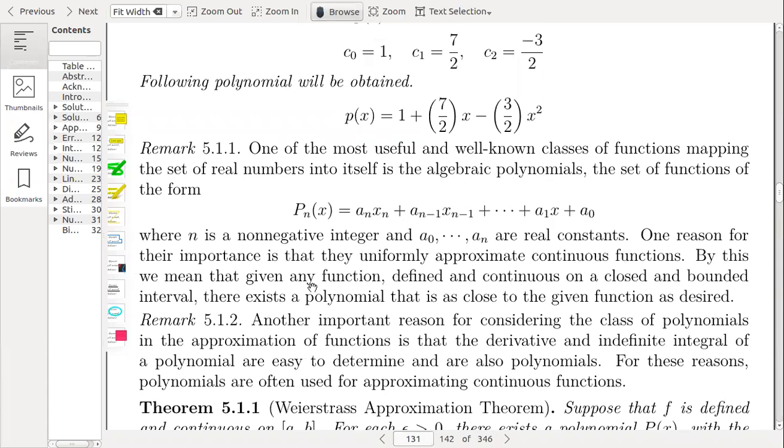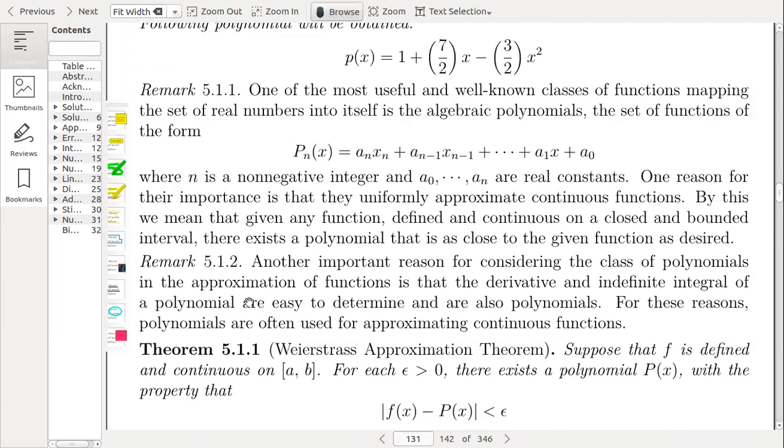One reason for their importance is that they uniformly approximate continuous functions. Given any function defined and continuous on a closed and bounded interval, there exists a polynomial that is as close to the given function as desired.